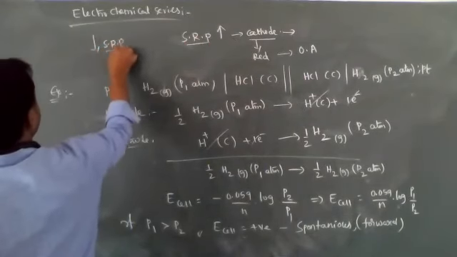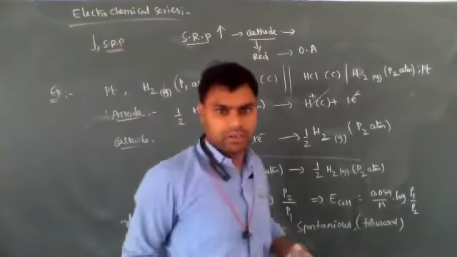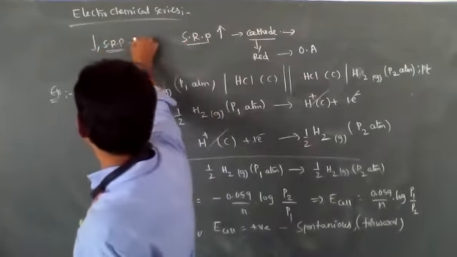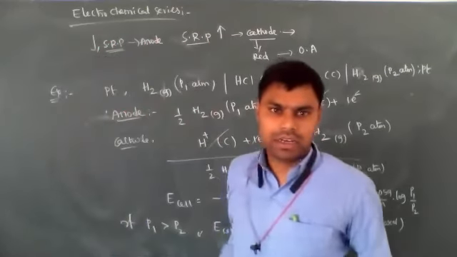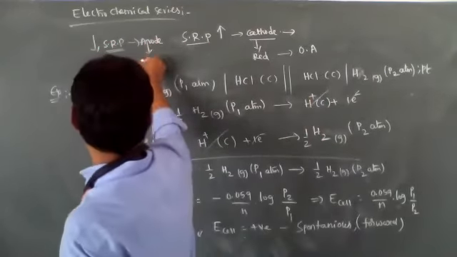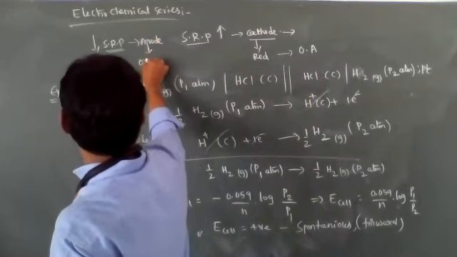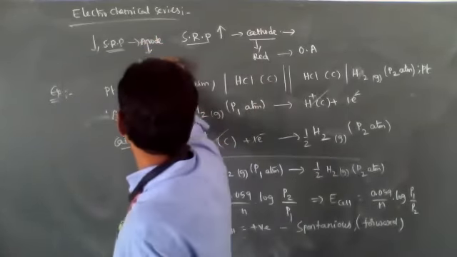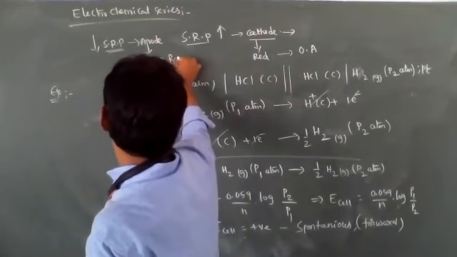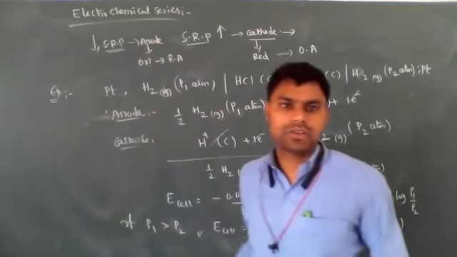If SRP values decrease, lower SRP value, they act as anode. At anode, they easily undergo oxidation. If a substance undergoes oxidation easily, it acts as a reducing agent.